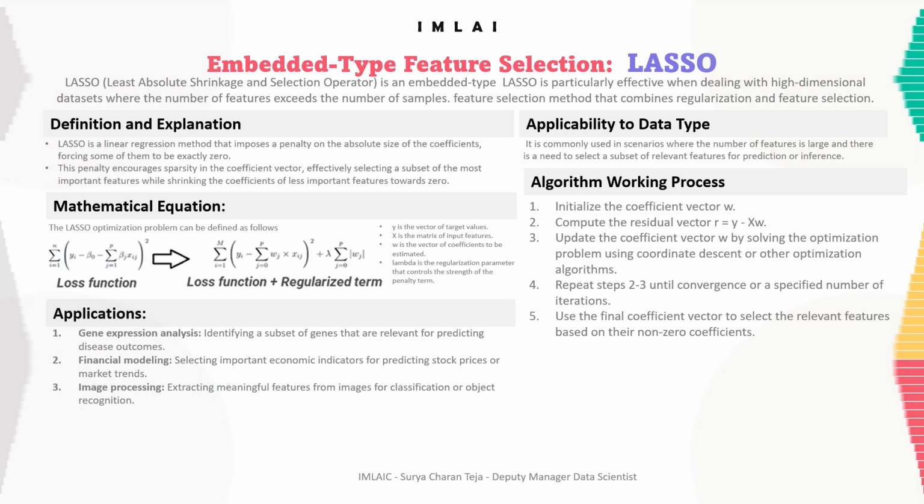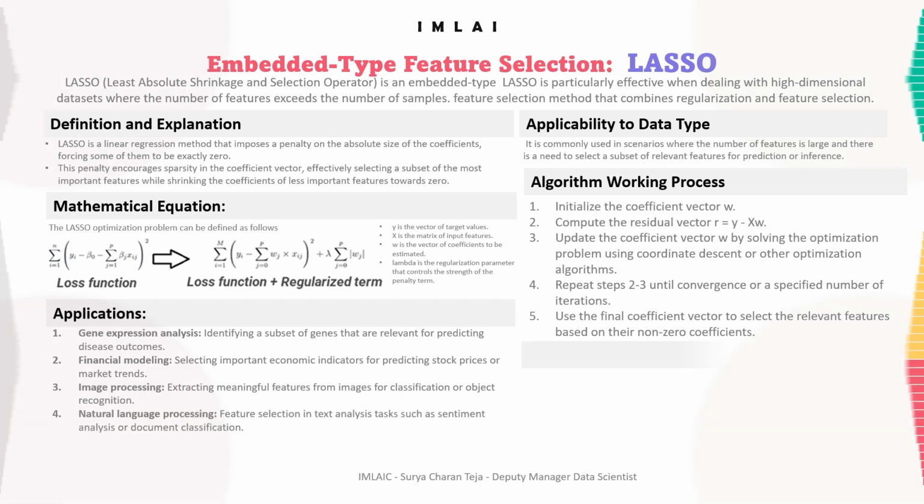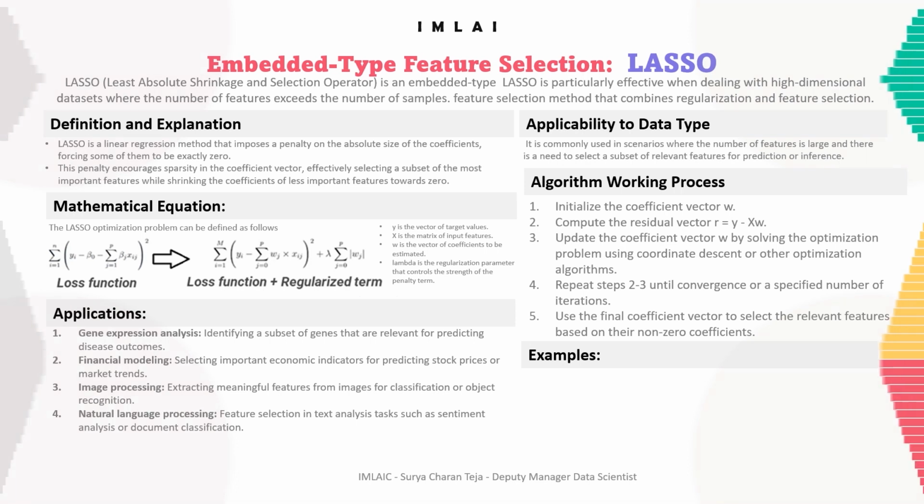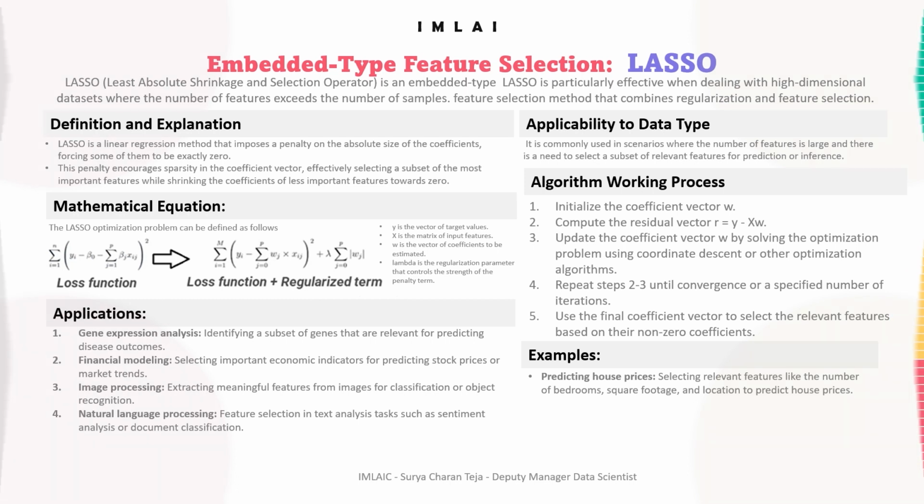Now some real life examples of where it is applied. Predicting house prices: selecting the relevant features like the number of bedrooms, square footage, and location to predict house prices. Then credit risk assessment: identifying the important factors like income, credit score, and debt to predict the likelihood of default for loan applications.